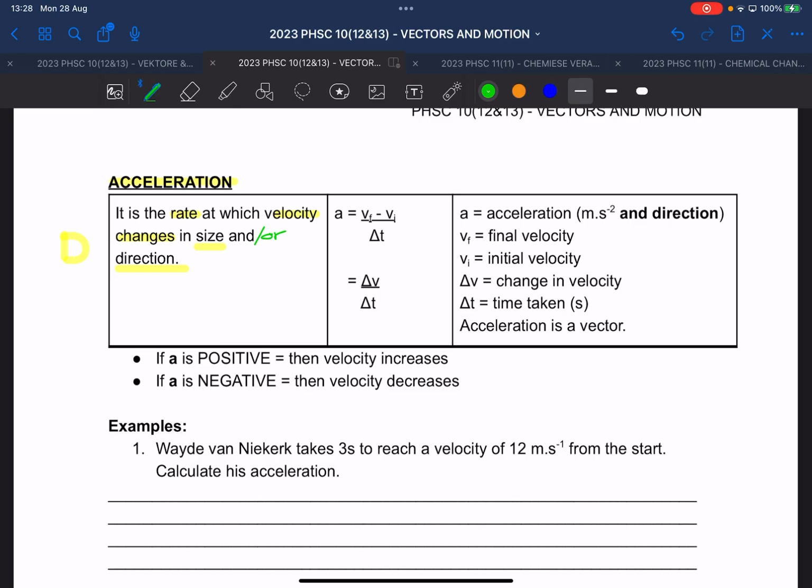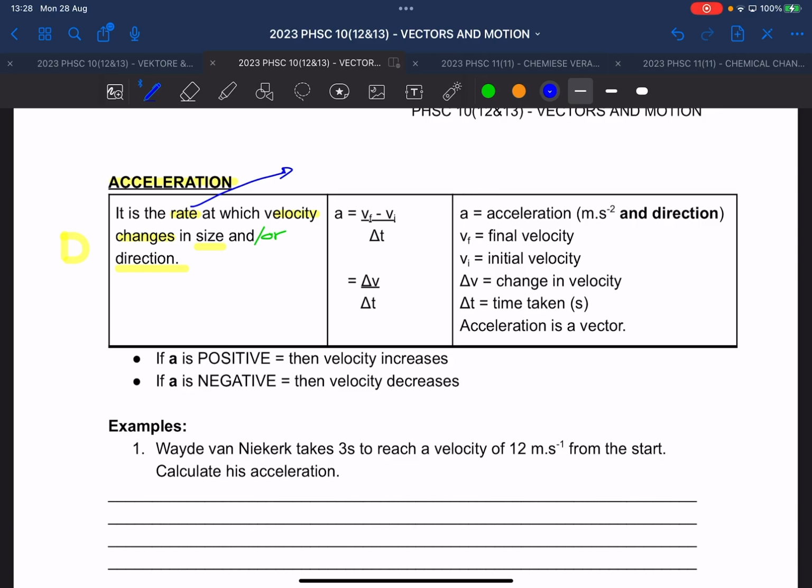Where are we? If you hear the word rate, what must you think of? What is the rate at which the attendees come to class?